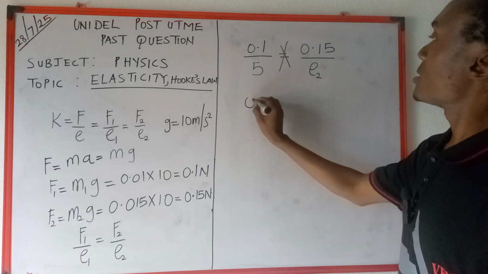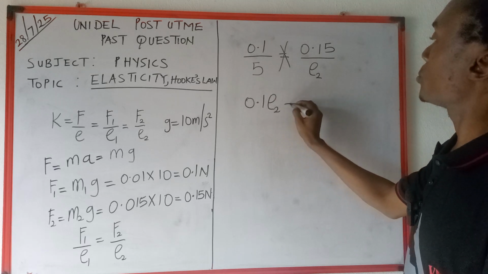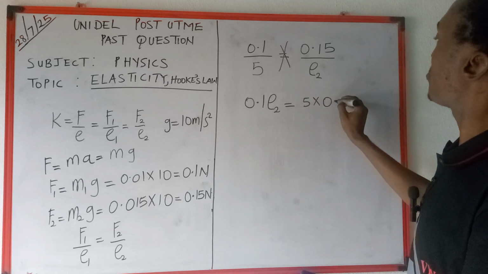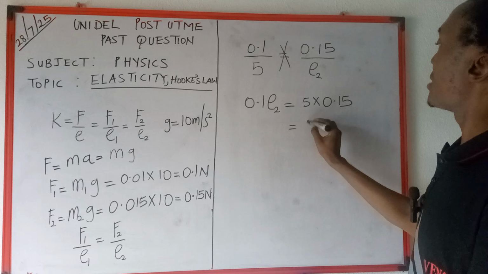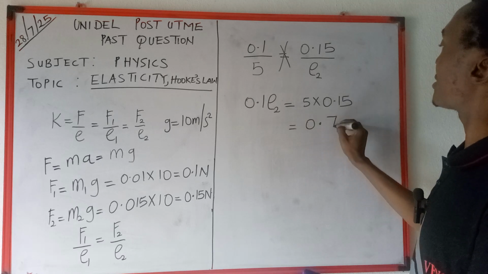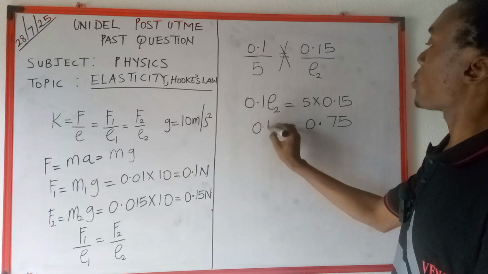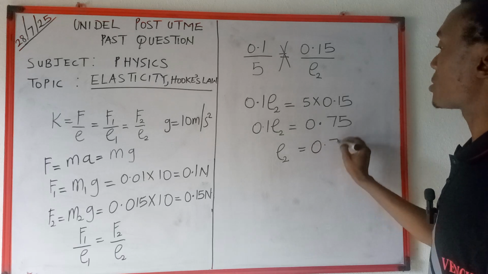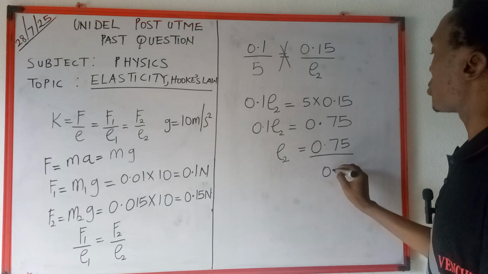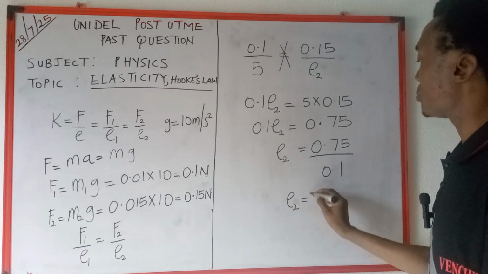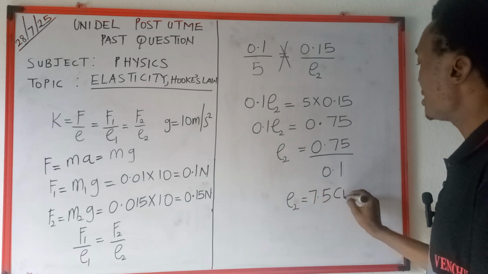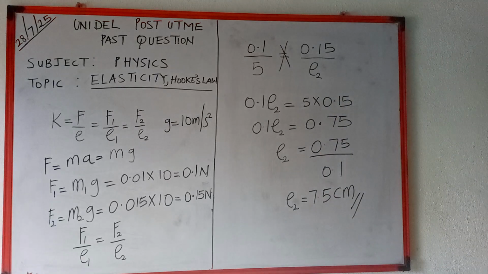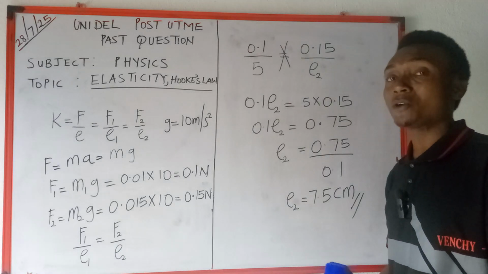You're going to have 0.1 E2 equals 5 times 0.15, which is 0.75. So E2: divide both sides by 0.1, 0.75 over 0.1, and your final answer will be 7.5 cm. This is the final answer for this particular type of question.